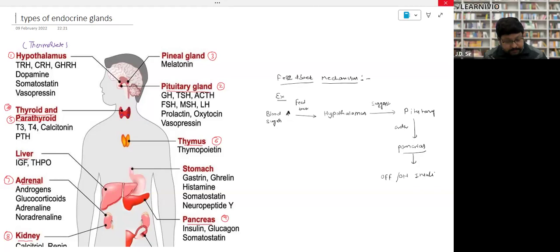Full stop. So this was the definition of a hormone.